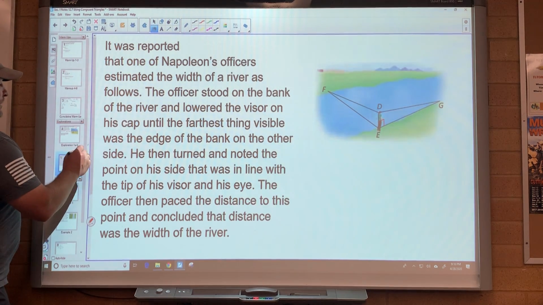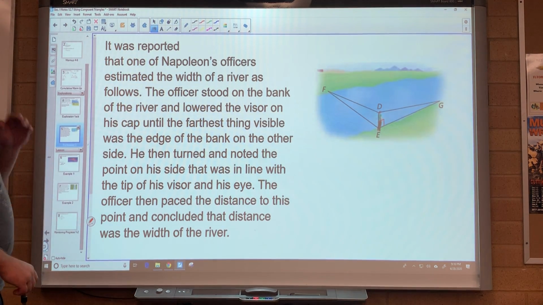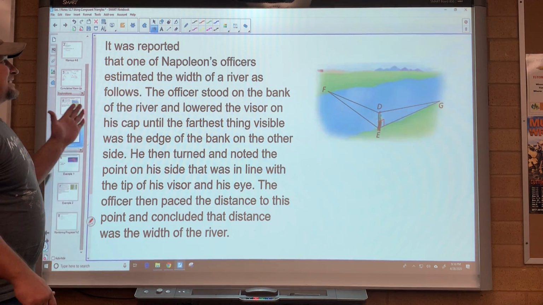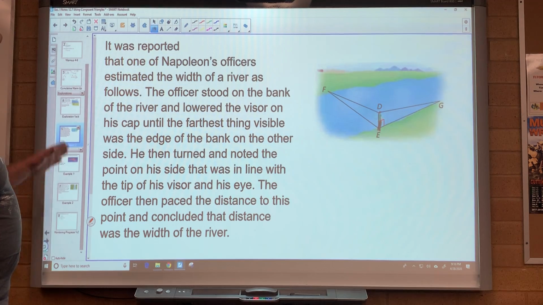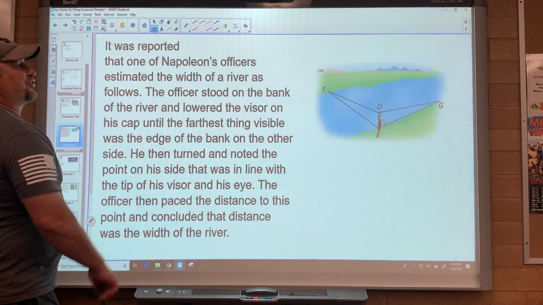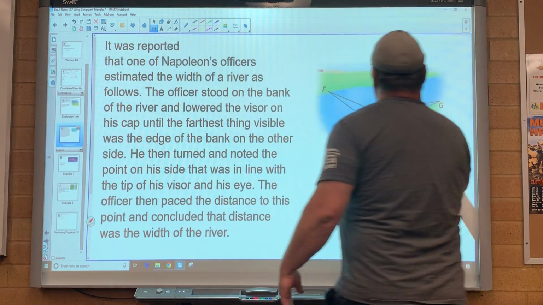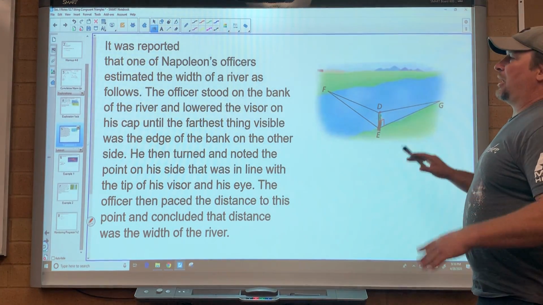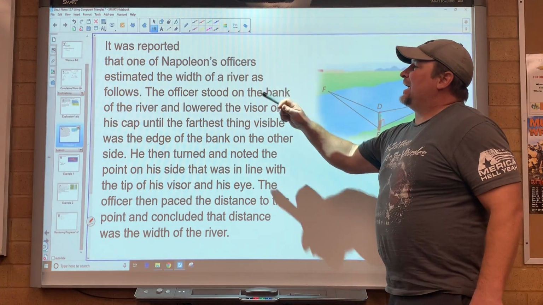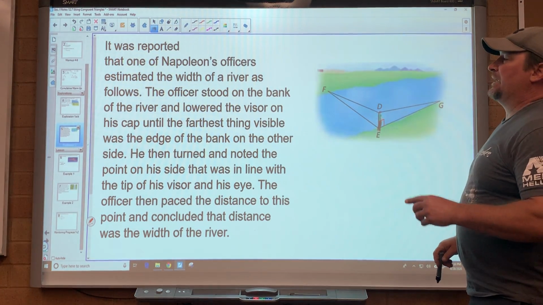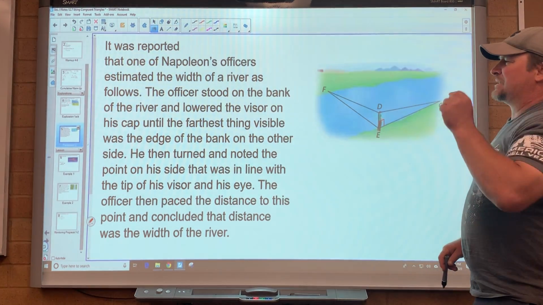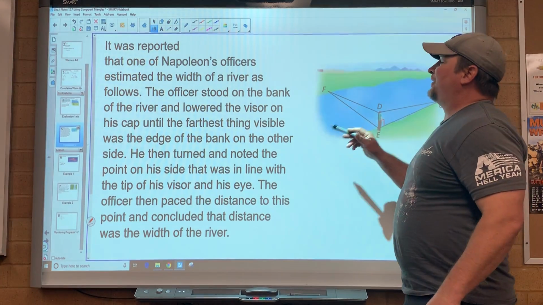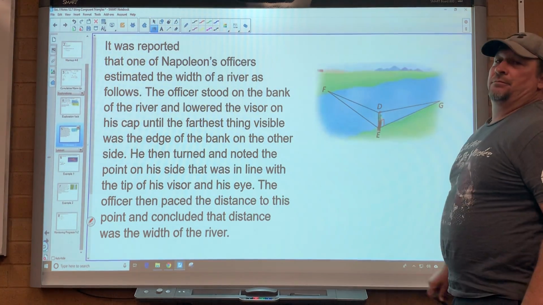All right. That moves us on to this one. It was reported that one of Napoleon's officers estimated the width of a river as follows. The officer stood on one bank of the river. He's standing there perfectly. He's looking across. And as he looked across the river, he lowered his visor, lowered his hat cap until he saw the farthest edge of the river.